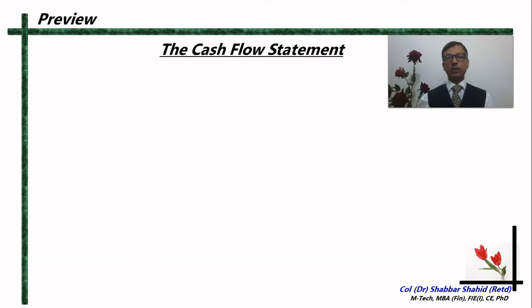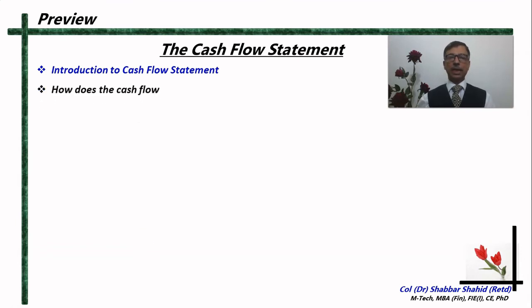After that, we will look into the cash flow statement, wherein we will first introduce a cash flow statement to you, what is there in a cash flow statement. Then we shall discuss how the cash flows. Thereafter, we will discuss the significance of the cash flow in detail. Then certain parameters of a cash flow statement, what all you must look for in a cash flow statement.